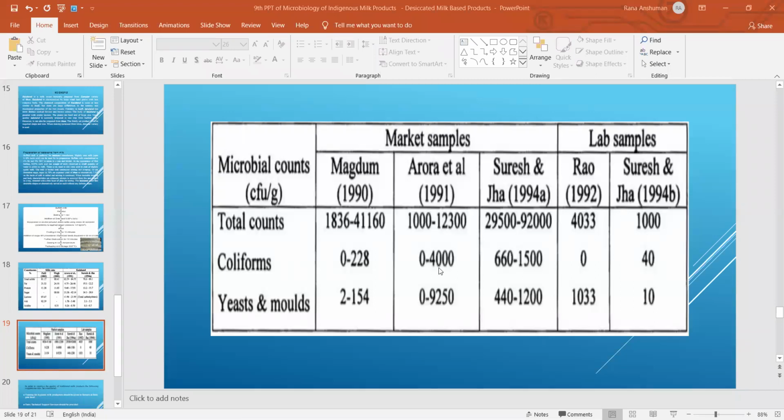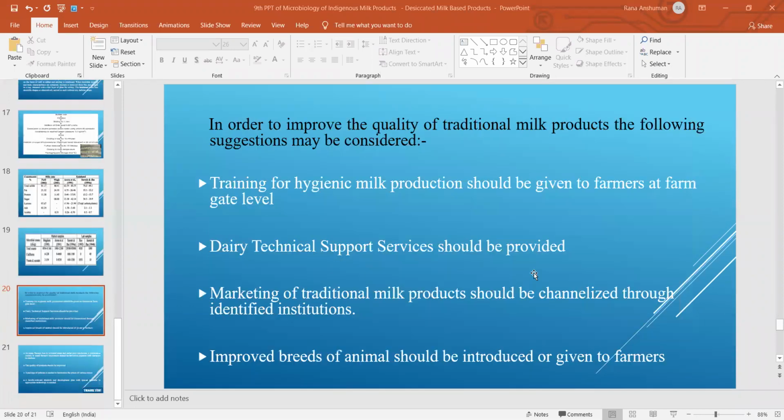So you can see here the coliform count, which is very objectionable, because whatever time-temperature treatment you are giving during manufacturing of these indigenous products is sufficient to kill all sorts of coliform as well as yeast and mold. It gives you an idea about post-processing contamination. So you have to keep in mind and maintain very hygienic conditions after giving heat treatment to your product.